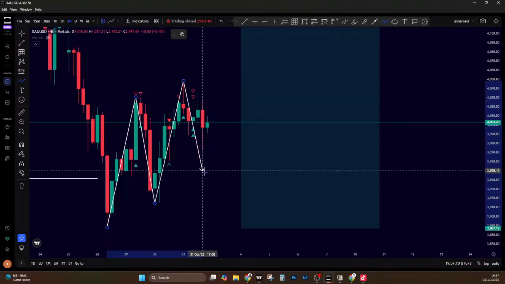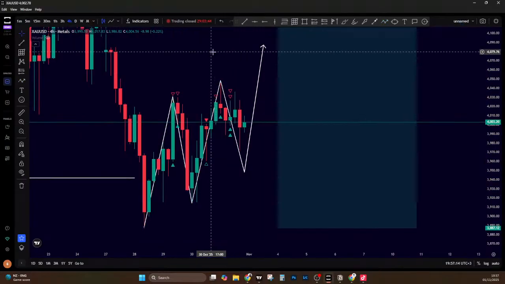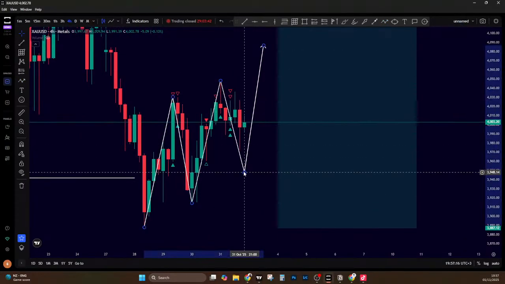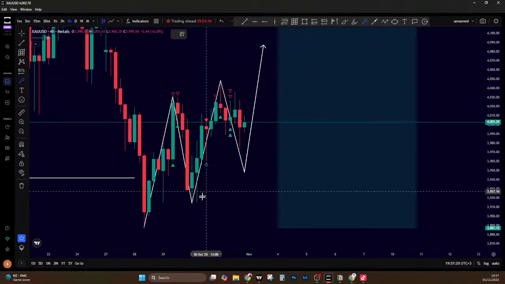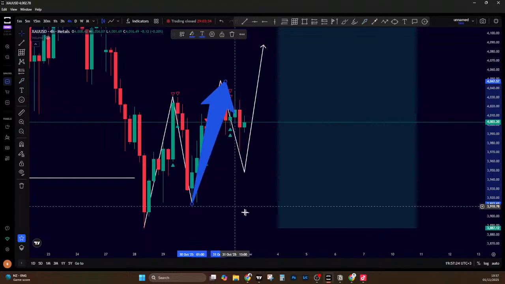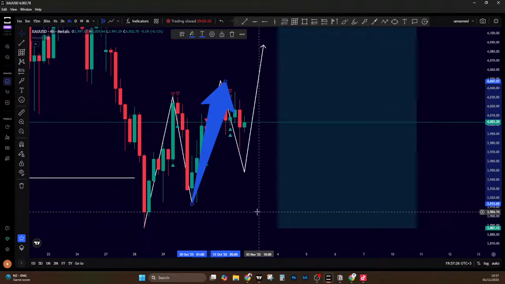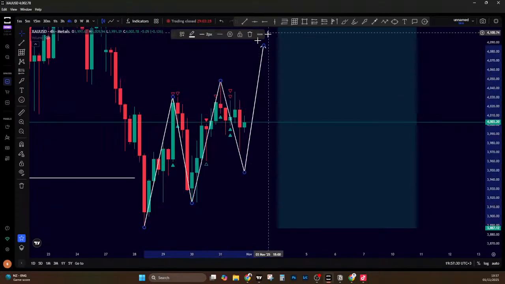So the market must come to around this area, and you continue to buy. So that means this is the trading range that we are currently in, in the 4 hours. So what do you do?